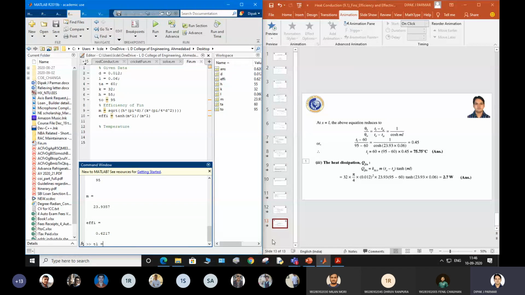So TL will be equal to T0 minus TA, that is the denominator term in this equation, divided by cosh(m into L), plus TA.